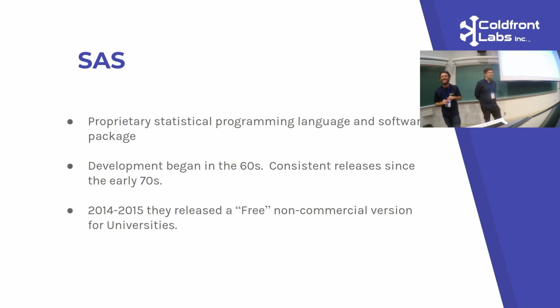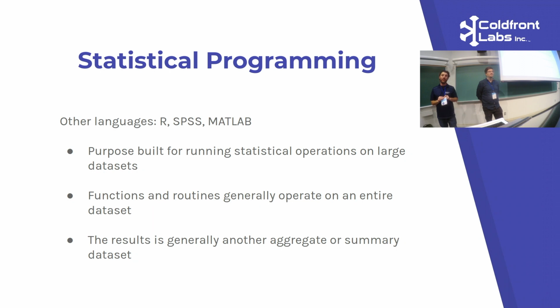So what is this Sass thing? Sass is a proprietary programming language and software package. Development began in the 60s, but consistent releases started in the early 70s. Only recently has a free or non-commercial version been released to universities so they can start using it. What is it? Well, Sass is a statistical programming language.